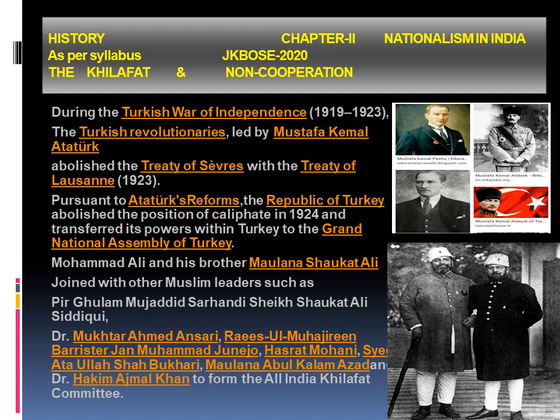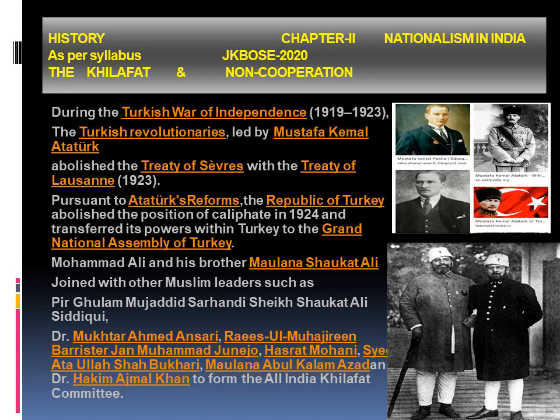On the other hand, you see in the pictures Mustafa Kemal Atatürk at the top and the Ali brothers below. They started a movement in India known as the Khilafat movement.